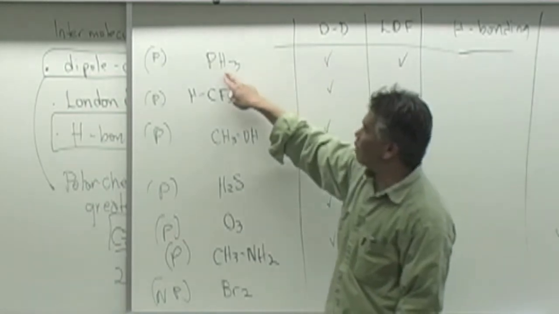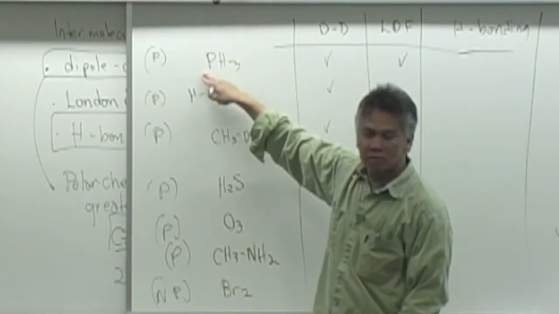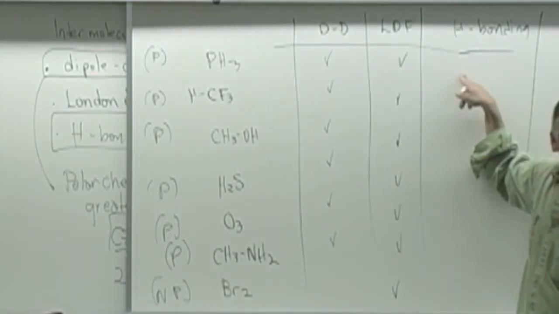Now we figure out hydrogen bonding. Remember, hydrogen bonding has to do with hydrogen directly bonded to an electronegative element. Is hydrogen here bonded to an electronegative element? No. So it doesn't have hydrogen bonding.